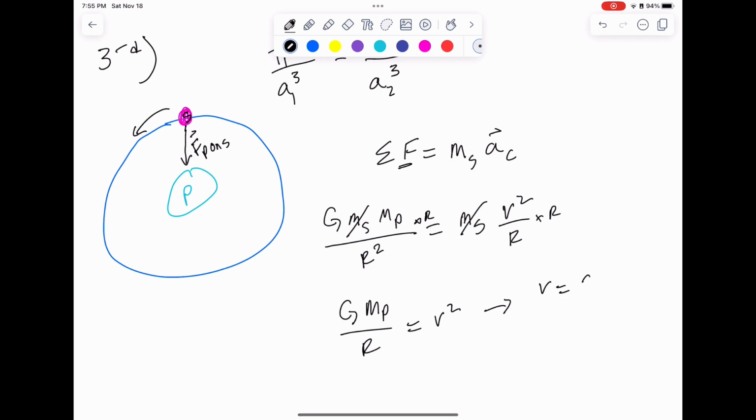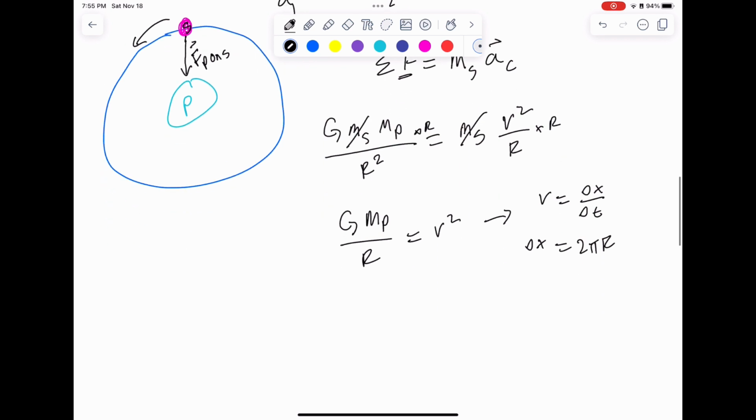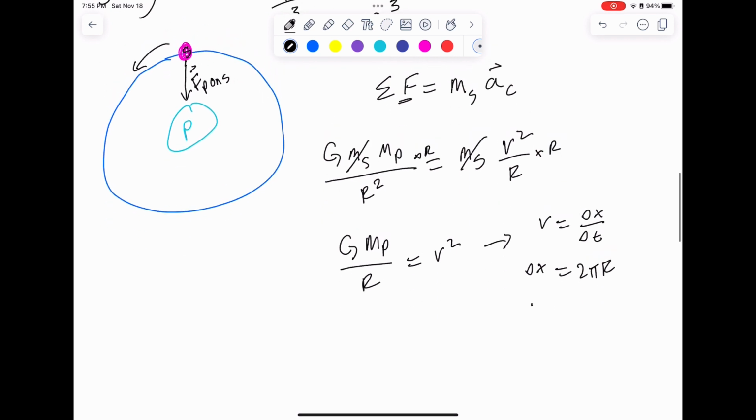So if we say speed is equal to our change in position over our change in time, well, our change in position is going to be equal to our circumference, because the circumference of this orbit is the distance that this satellite is going to be traveling. So this is equal to 2 pi r, because that is circumference. And for our change in time, that's just going to be the period of the satellite orbiting.